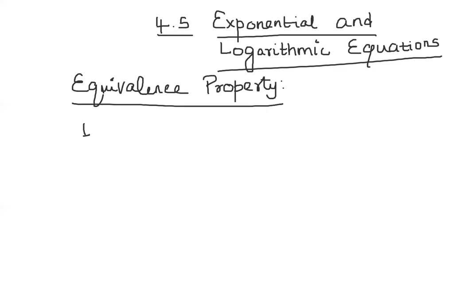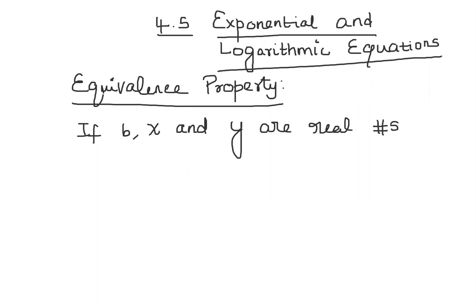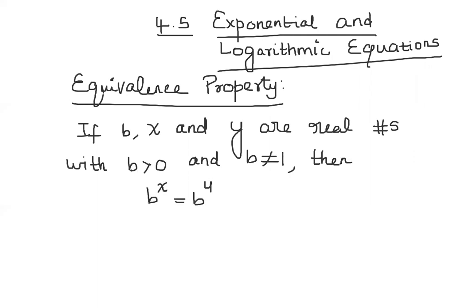So if b, x, and y are real numbers, with b greater than 0, and b is not equal to 1, then b to the power x equal to b to the power y implies that x equals y.